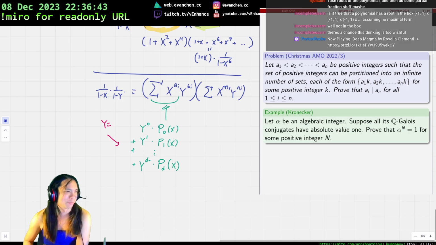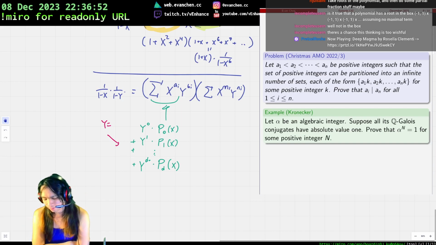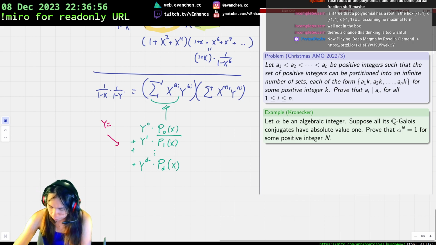Box is a bit of a misnomer. It's more like open disk something something. But there's no way, right? Plugging in y equals 0 tells you that this is a polynomial, all of whose roots are on the unit circle.